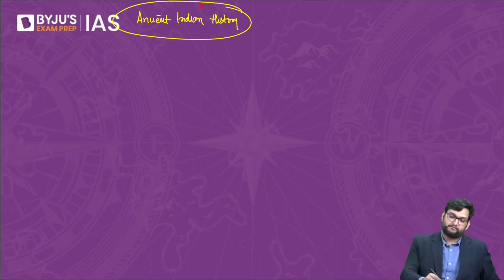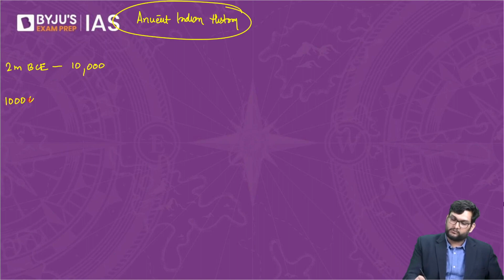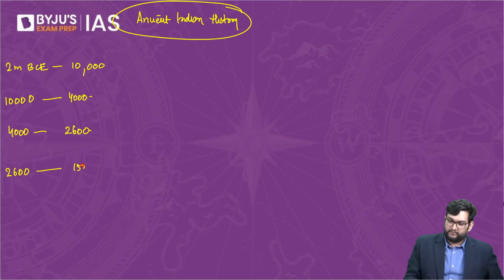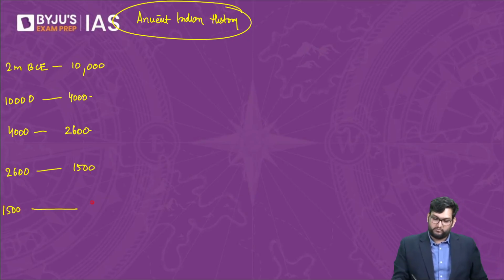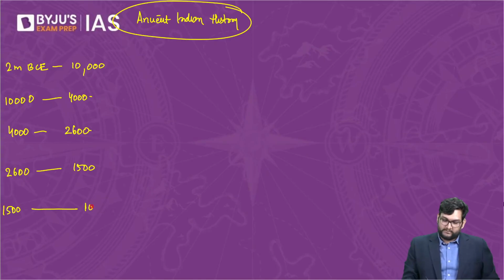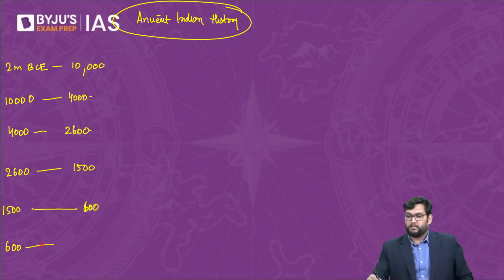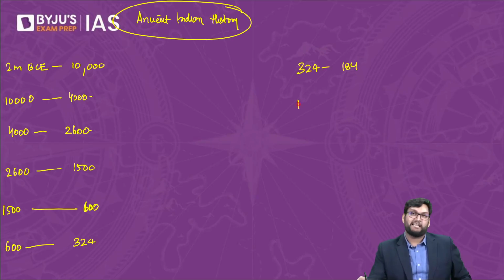Ancient Indian history is basically divided like this. 2 million BCE to 10,000. 10,000 to 4,000. 4,000 to 2,600. 2,600 to 1,500. 1,500 to 600. 600 to 324. 324 to 184. 184 to 30.